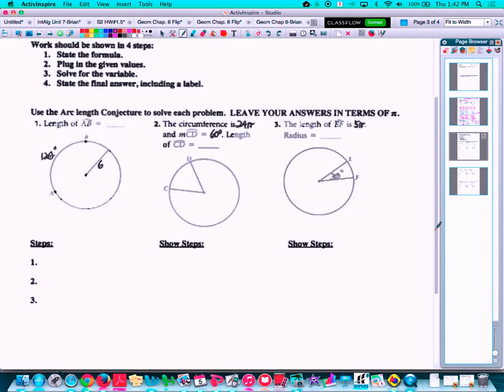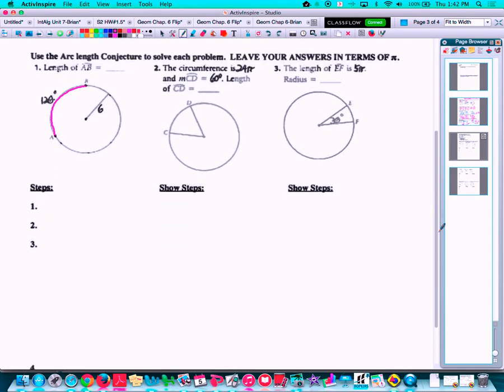So we are now looking at the arc length of AB here, with a radius of 6 and an arc measure of 120 degrees. All right, so let's write down our formula. Arc length is equal to the arc measure, so I'll just put arc degrees, out of 360 times the circumference, so times pi d.